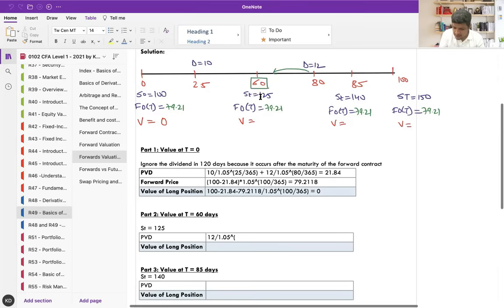You have 20 days back. Correct. So my equation will be 20 divided by 365. Put that into your calculator and let me know your answer. Now you know how to do that. 1.05 raised to bracket open 20 divided by 365 bracket close, equals, inverse it, multiply with 12. We'll get 11.97. I'll just round it off.